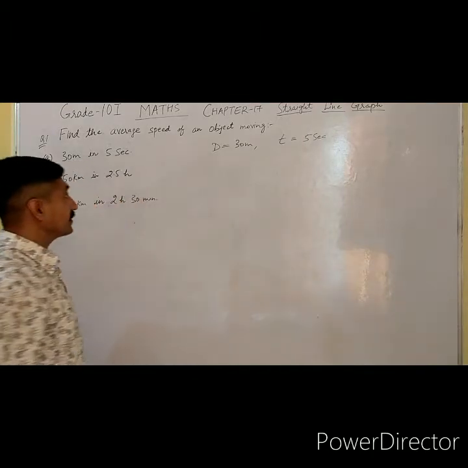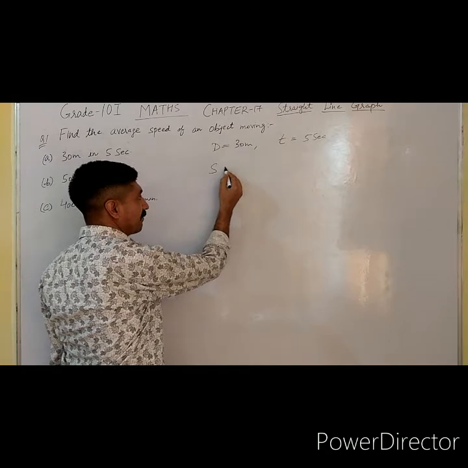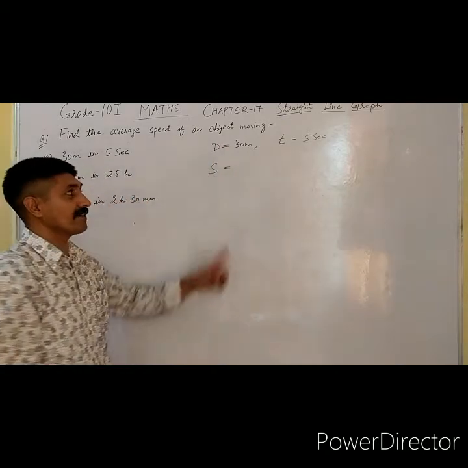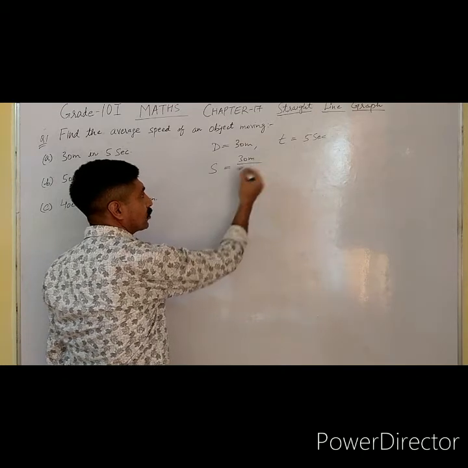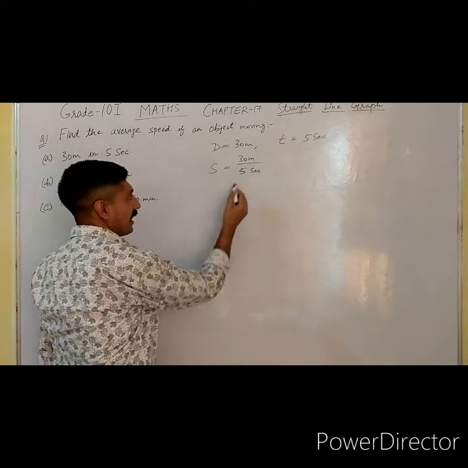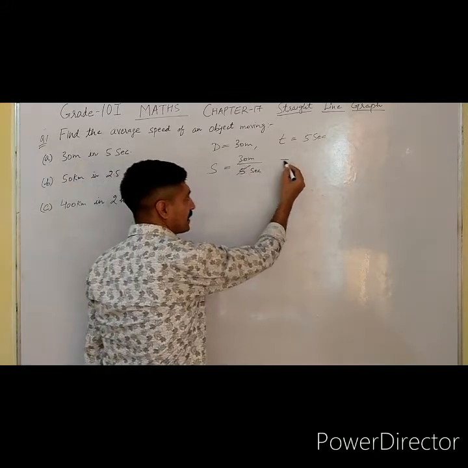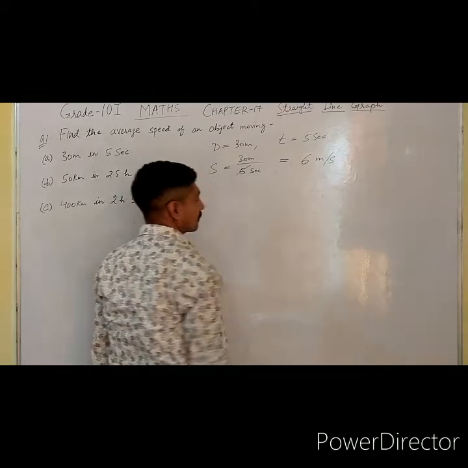We want to find the average speed. As we have discussed, the average speed is the total distance traveled, that is 30 meter, and total time taken is 5 seconds. So the average speed is equal to 6 meter per second.